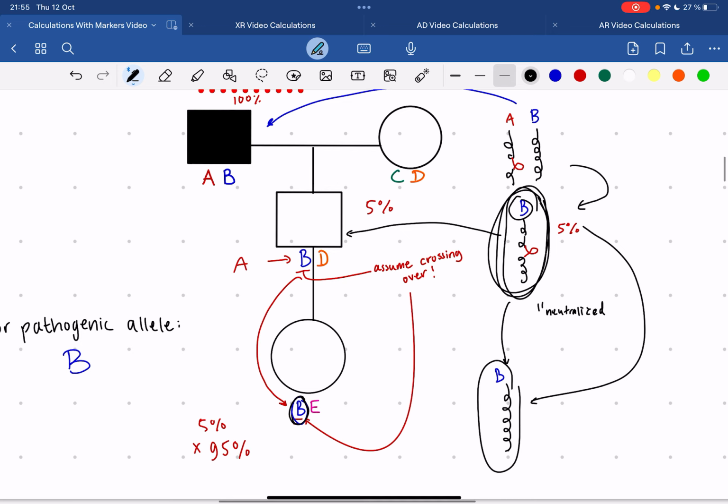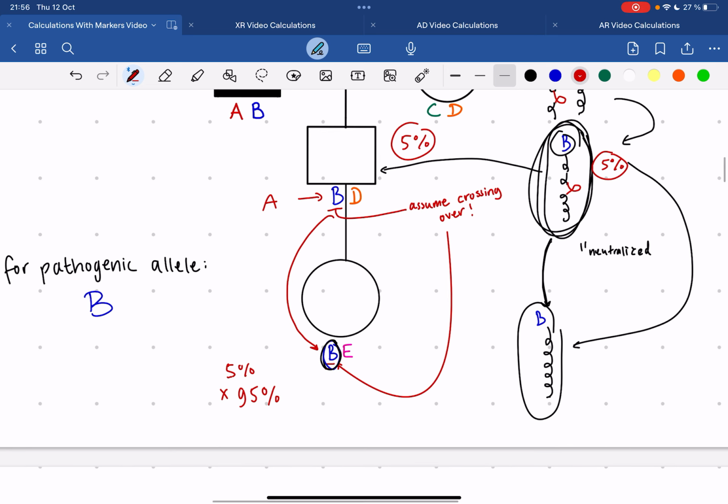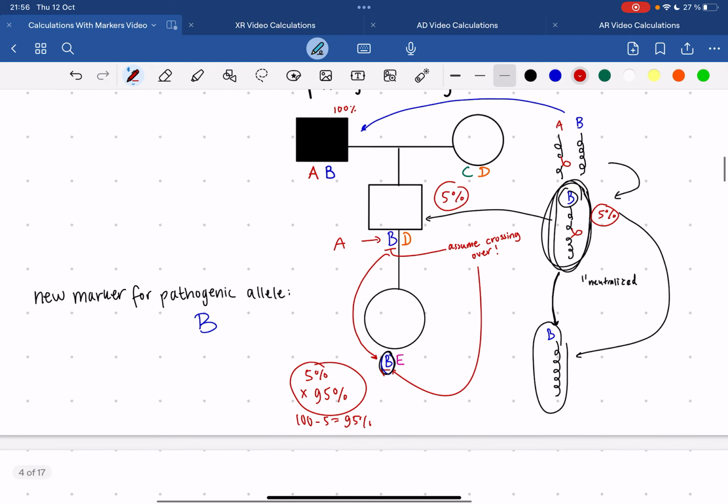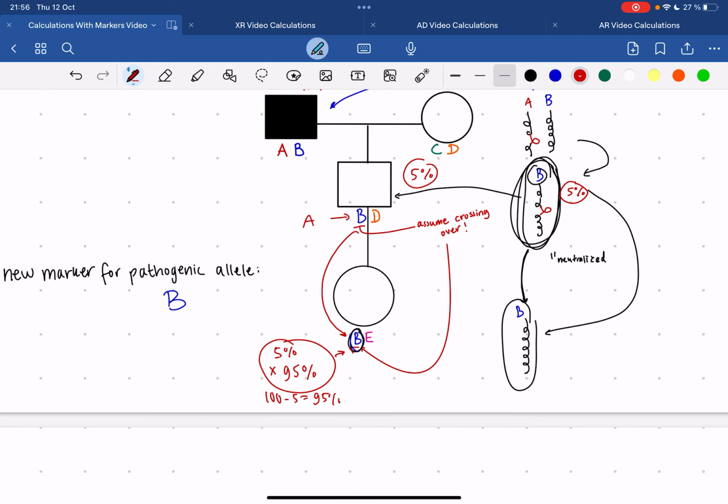Now, if the daughter has the B, and we assume that the pathogenic allele is now undercover as the B marker, we also have to take into account that there is a high chance for this to be the pathogenic marker, but not 100%, because there still could be crossing over occurring, meaning if it's high, we always take this minus this, which is 95%. So here it would be 5% times 95% chance for this person to have a pathogenic allele.